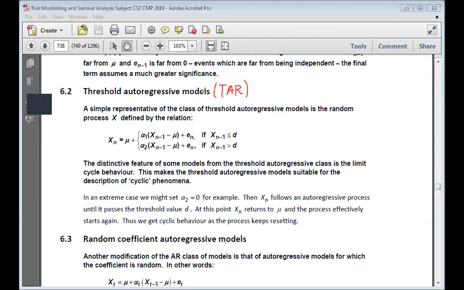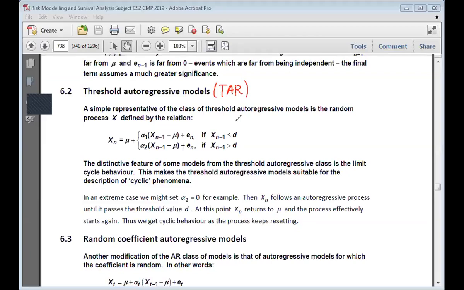Remember the simple autoregressive models which we studied had a situation where xn depends on its own lagged value. But when I'm talking about the threshold autoregressive model, the process is likely to behave differently when the value of the variable exceeds a certain threshold.